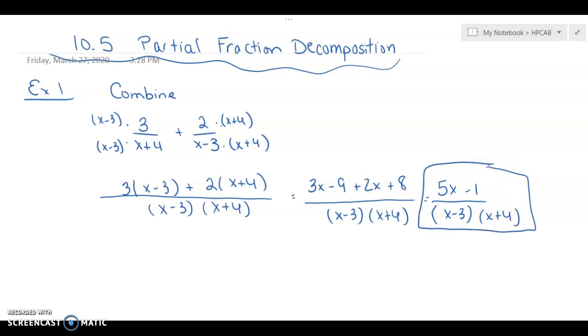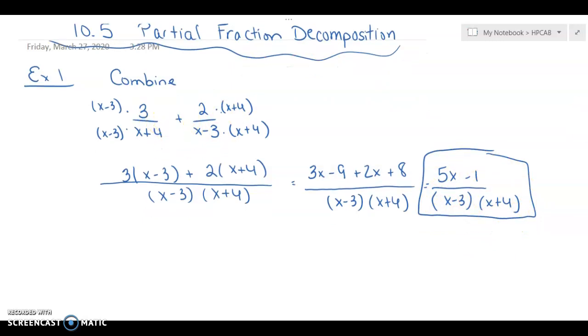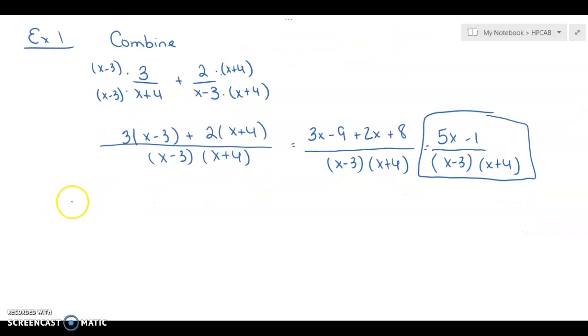What we're going to do is we're going to be going in reverse. Okay, you're going to be given this, and we're going to be rewriting it as the addition or subtraction of two or more fractions. Okay, so let me write that down.